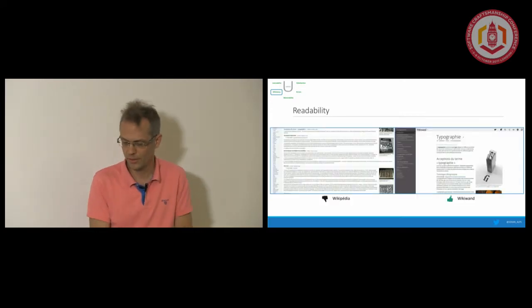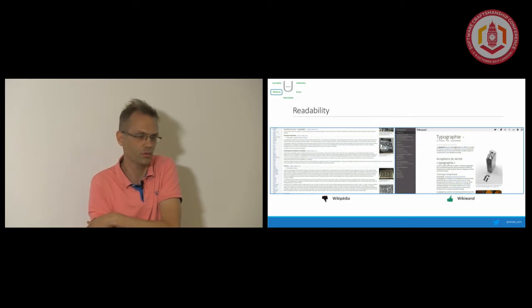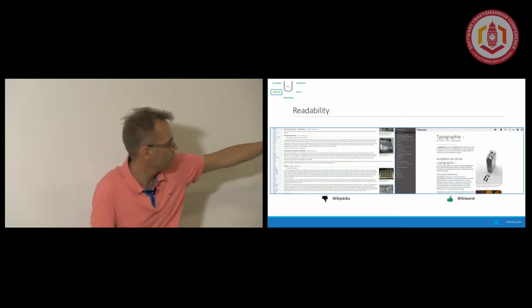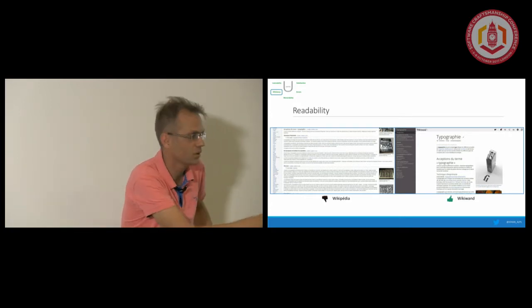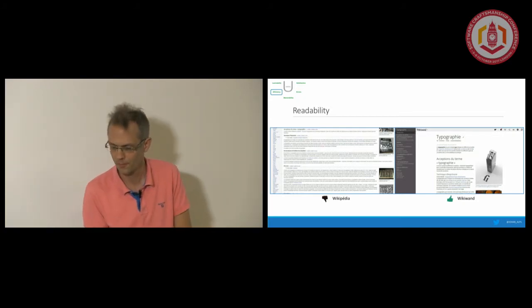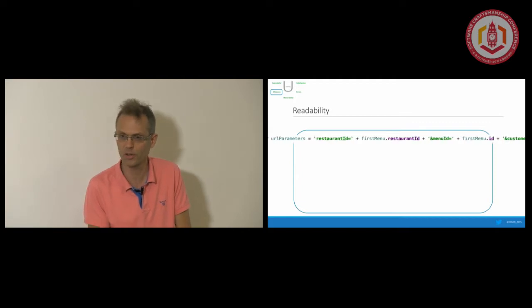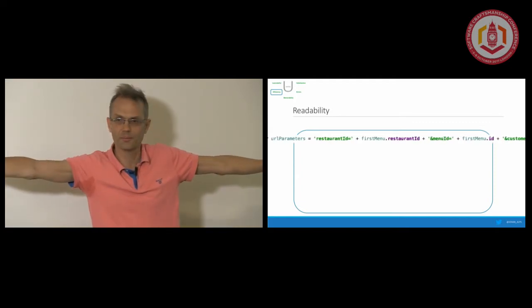So readability is another interesting thing. There's a real difference between Wikipedia and this plugin for Wikipedia, same page, a lot more pleasant to read, right? So in code we have code like this, which is not so pleasant to read, especially when it goes out of screen, right?